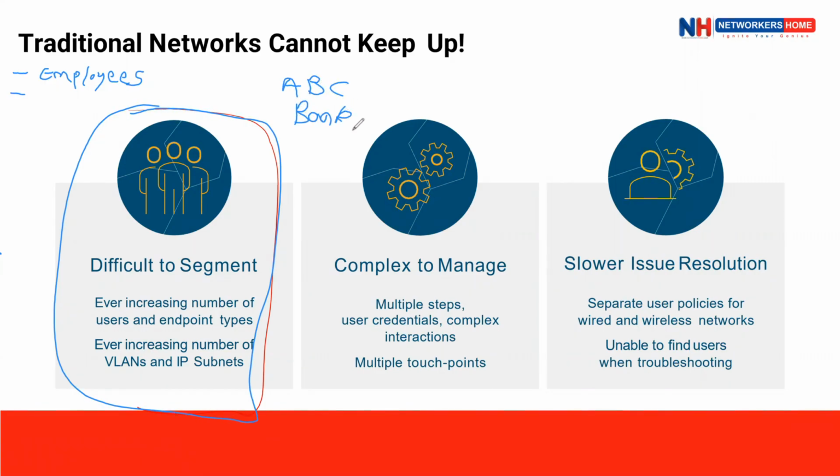And we have a branch in Mumbai, or you can say very specifically in Bandra, and they have a small setup. Now, the type of users they have is employees. They also have contractors, who are the people managing their local area network, the WAN part, the SD-WAN part, whatever they have implemented.